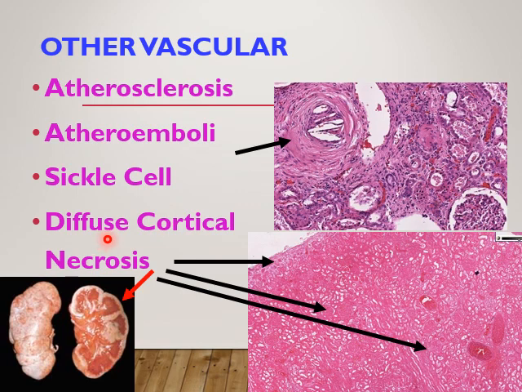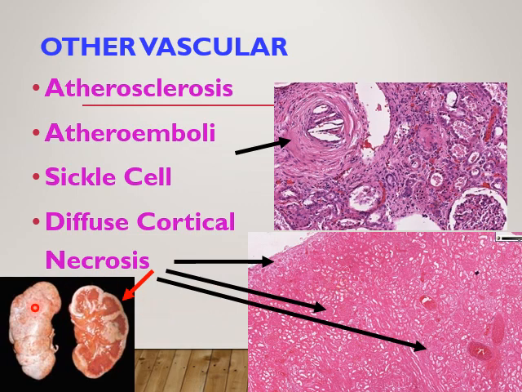So the next vascular disease is diffuse cortical necrosis. As the name suggests, the entire cortex has been completely necrosed. You can see the pale necrosis, leaving only a thin rim of the cortex spared. Usually this occurs in obstetric emergencies such as preeclampsia, eclampsia, and abruptio placentae.